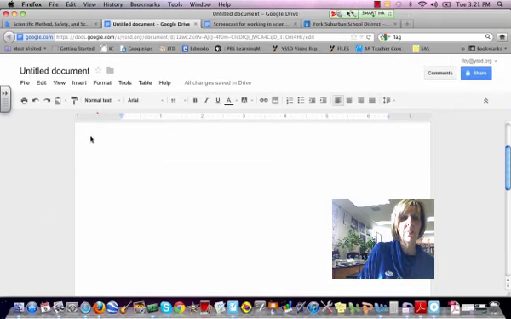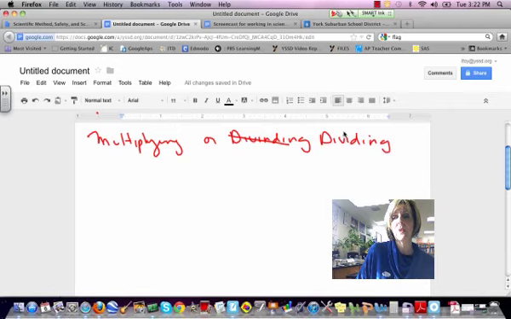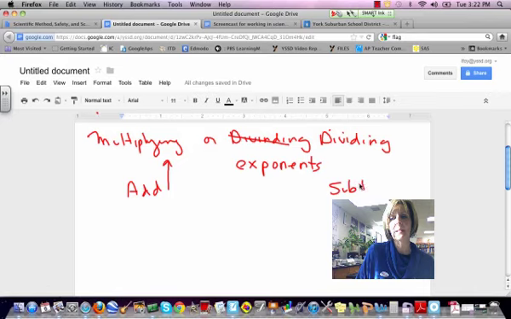So the rule with multiplication or dividing using scientific notation or using exponents is that the exponents are going to be added when you multiply, and they are going to be subtracted when you divide. Okay? So, for example, let's look at a problem here.